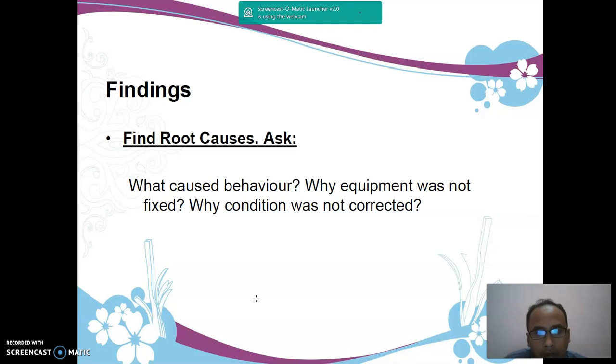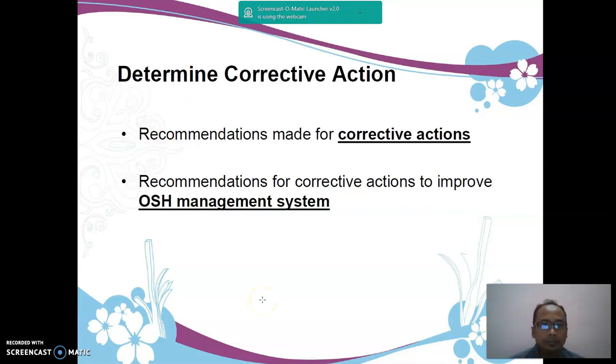Based on the previous accident or incident, or based on the HIRAC, hazard identification, risk assessment, and risk control, there may be things that need to be rectified or improved. So you can check whether the suggested improvements have been carried out or not. These are the things you can do in order to find the root causes of the incidents.